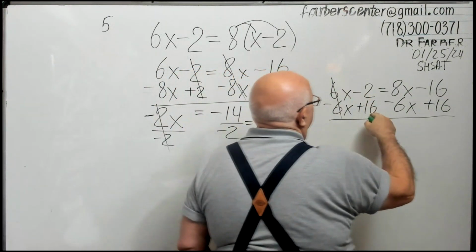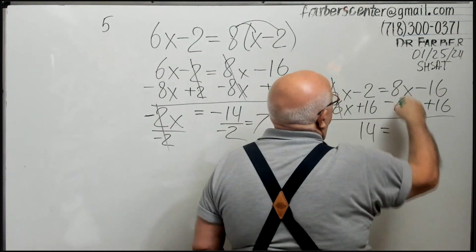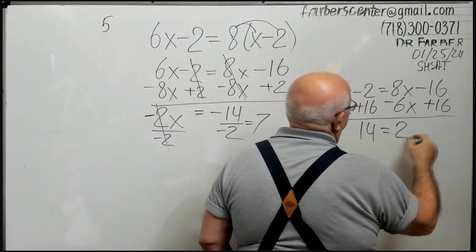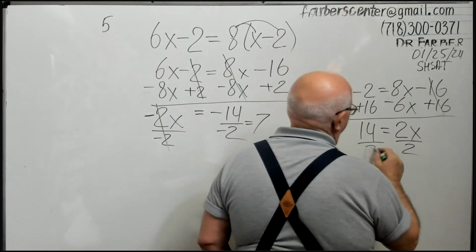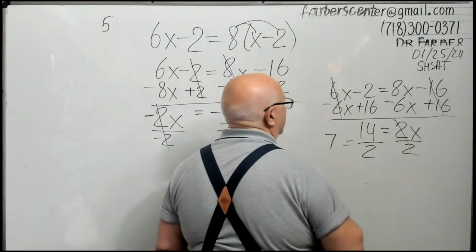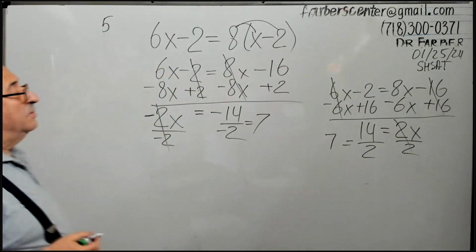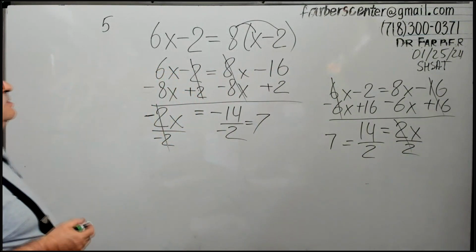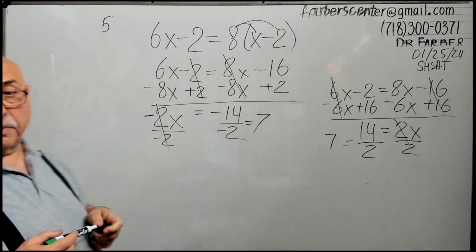Negative 2 plus 16 is 14. 8x minus 6x is 2x. Cancel out. Divide by 2 both parts. X equals 7. So again, it depends on what is convenient for you. It can be in the right part.